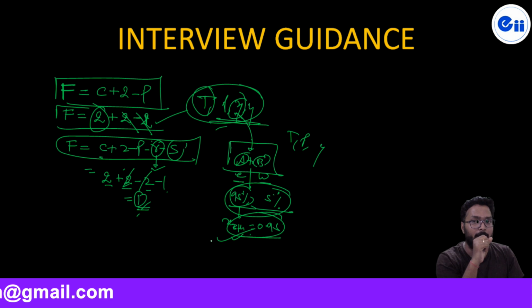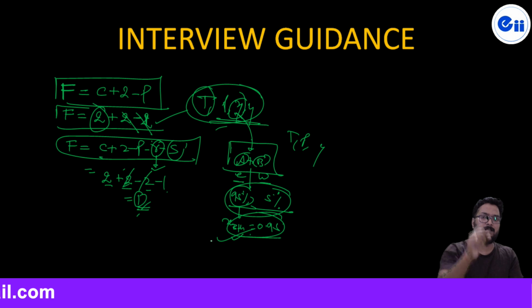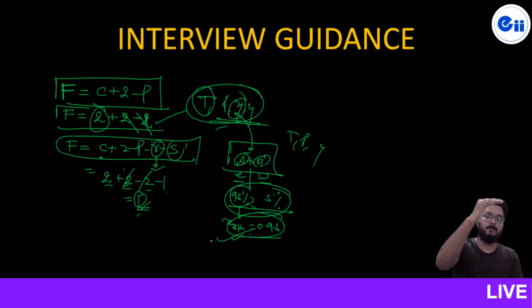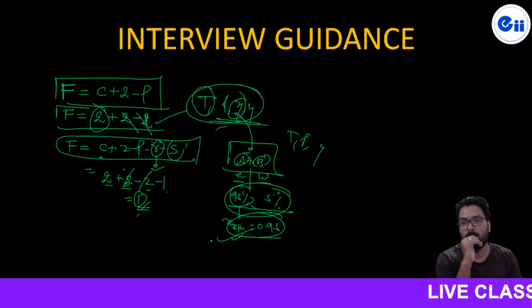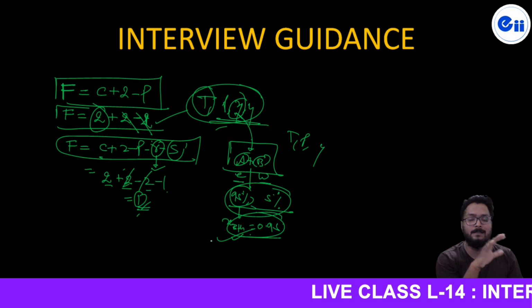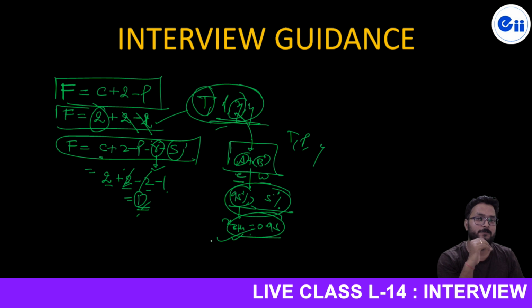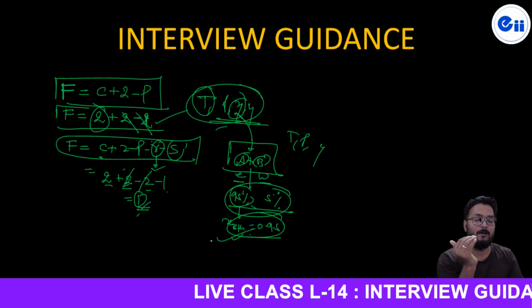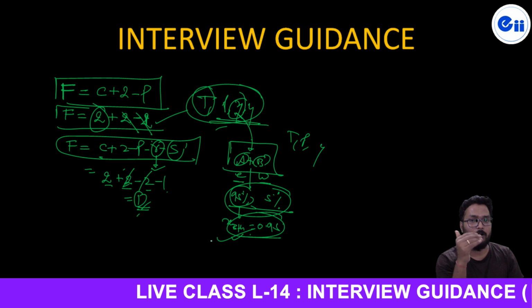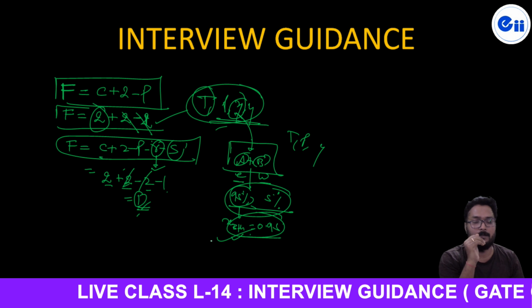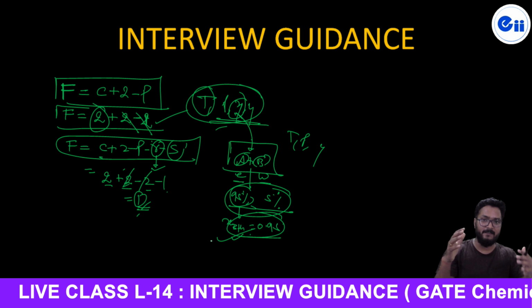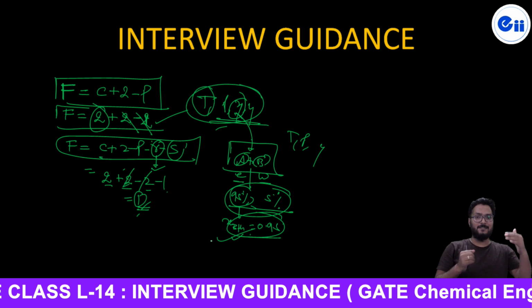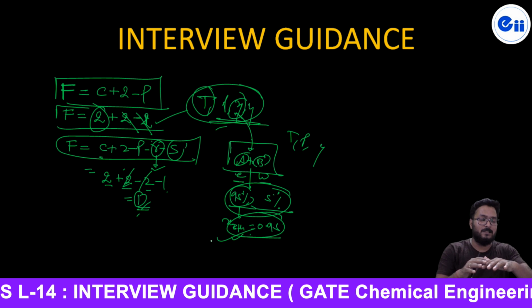Once 95% ethanol is reached, there is no further enrichment. We can't increase the composition of ethanol in the top product beyond 95% by mass, because they have formed the azeotrope. Once the azeotrope forms, it is called a constant boiling mixture.